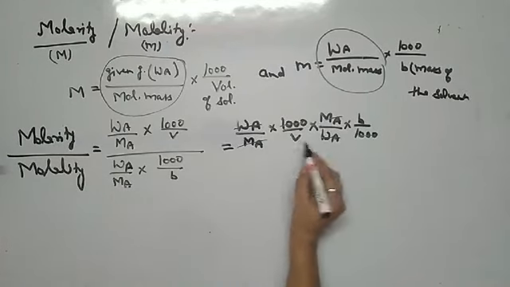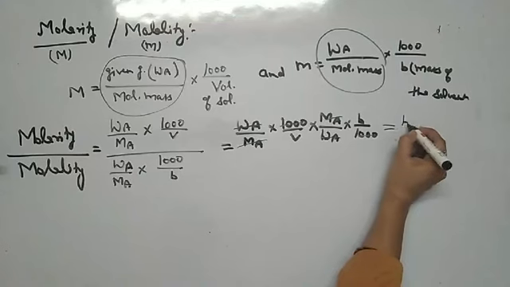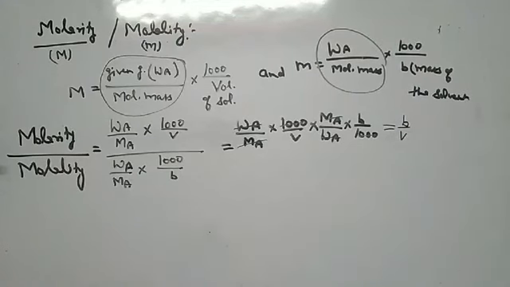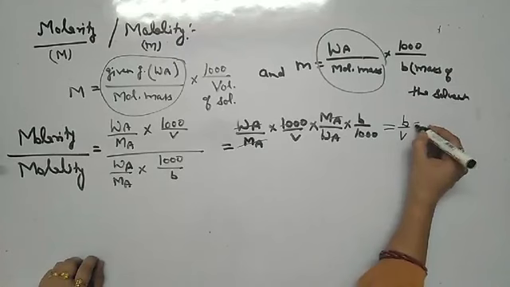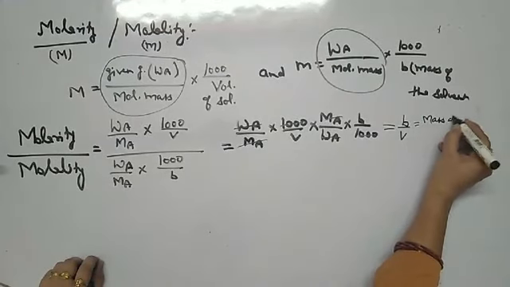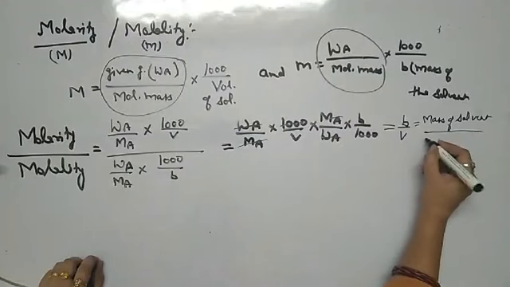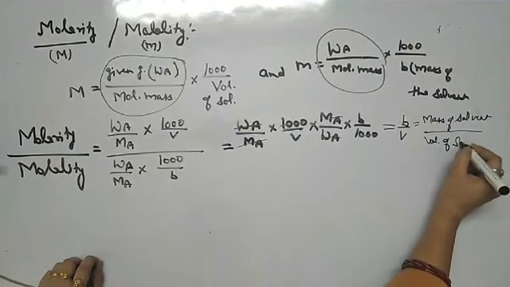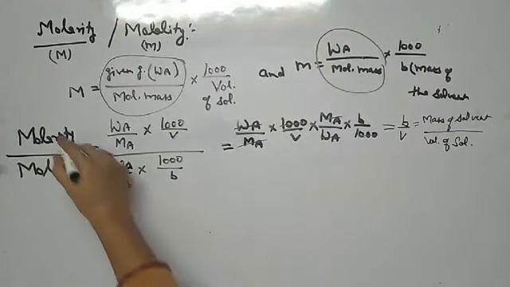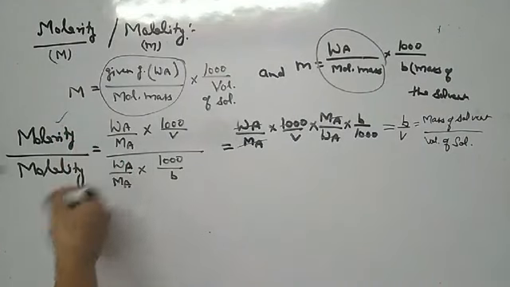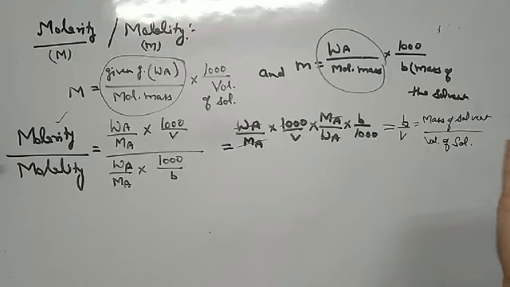Now what is left? Only B upon V, and B is the mass of solvent upon volume of solution. So if we want to find the ratio of molarity upon molality, it is only the ratio of the mass of the solvent upon the volume of the solution.